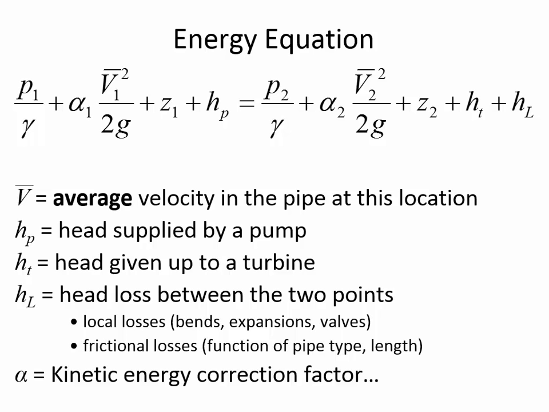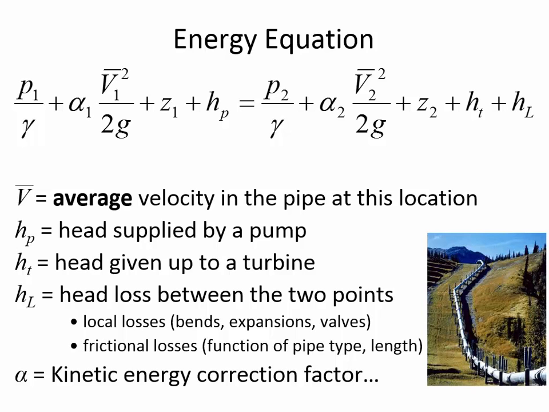Alpha is the kinetic energy correction factor, and the kinetic energy correction factor varies based on what the velocity is through the pipe. And here you can see, this is the Trans-Alaskan Pipeline. It carries oil from Prudhoe Bay to, I don't know, somewhere else in Alaska. It's a really long pipeline, and one of many interesting things about this pipeline is that at the same time it can be carrying different substances.